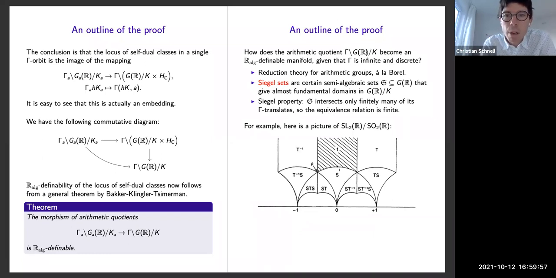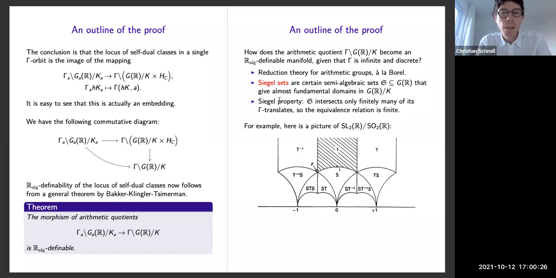Instead, you take the quotient by finding a good fundamental set and taking the quotient of the fundamental set. And this involves what is classically known as reduction theory for arithmetic groups. There's a big book by Borel that discusses that. So what you do is you find a so-called Siegel set. A Siegel set is a certain kind of semi-algebraic set in a real group whose image in G mod K gives you almost a fundamental domain for the gamma action.